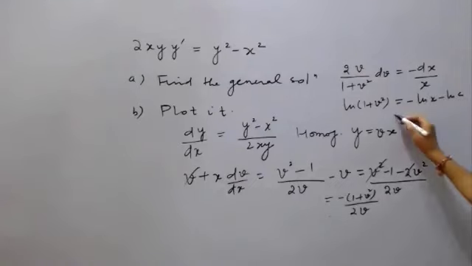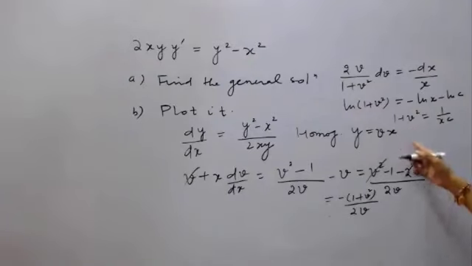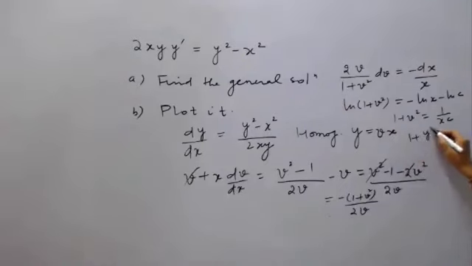So this will become 1 plus v square is equal to 1 upon xc. I can write it like this. Correct? And what is the value of v? It is y by x. So 1 plus y square by x square is equal to 1 upon xc.